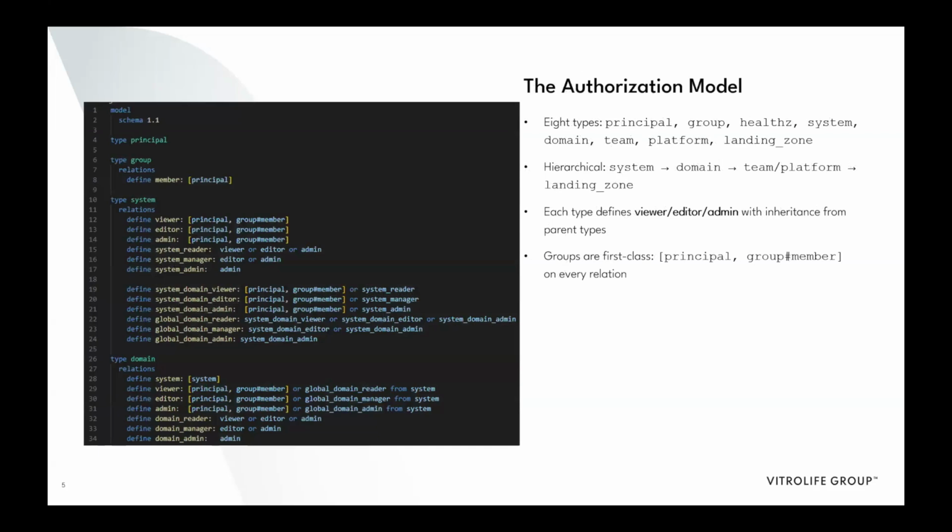And then the actual authorization model, well, it's much, much bigger than this, but we had to figure out how we should be able to grant not only access to specific resources in a specific domain, but how can we grant access to all of them in a proper manner?